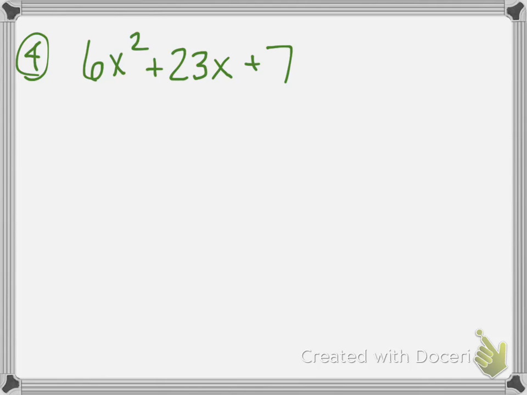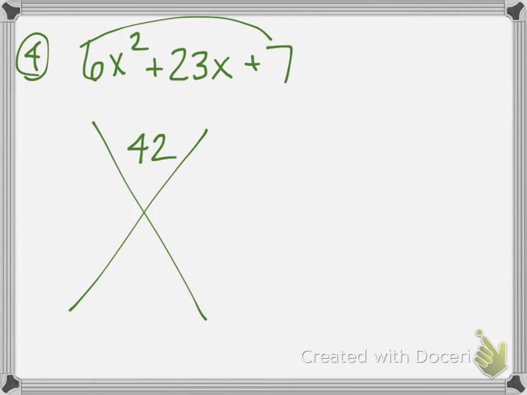So we have number 4, 6x squared plus 23x plus 7. And here's our x. 6 times 7, let me make sure I copied it right. Yes, okay. 6 times 7, 42. 23 goes down here.